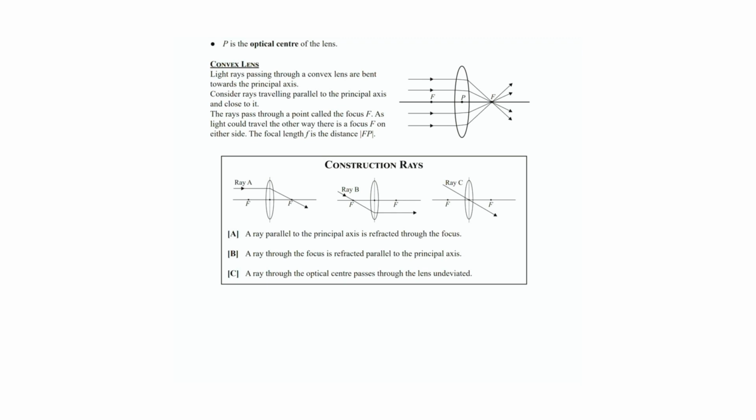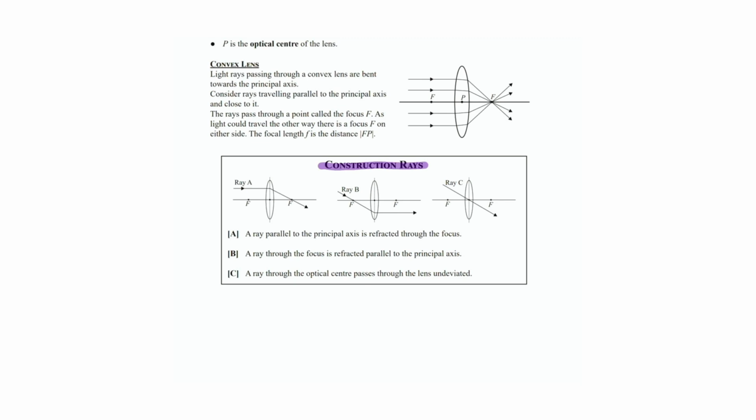Okay, so you know the fate of the first ray. A ray of light parallel to the principal axis, what happens to it? It gets refracted through the lens, through the focus on the far side. So at the end of that first page in your notes, you have a number of what we call construction rays, because we want to see how we form images in convex lenses.